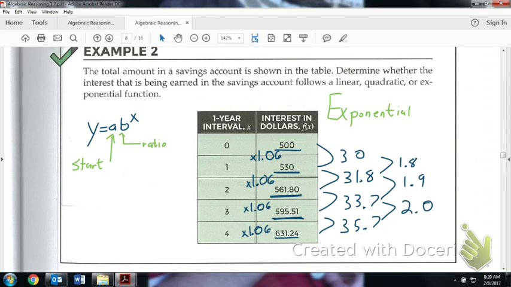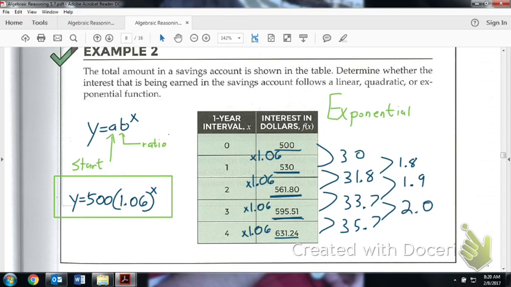In this case, the ratio is 1.06. So the starting point is 500, because that's where x is 0, so y equals 500 times 1.06, because that's what you multiply by to get to the next one, to the power of x. There you go. This one is exponential.